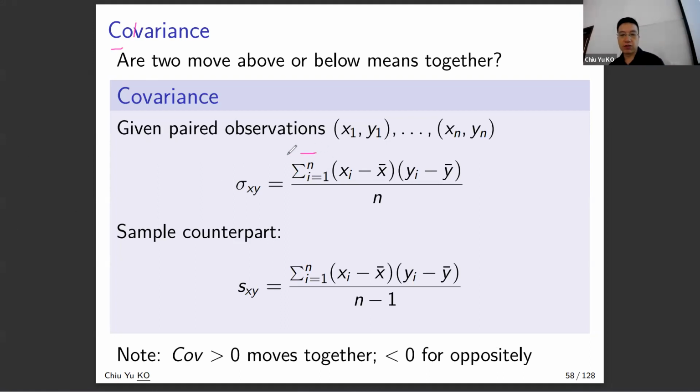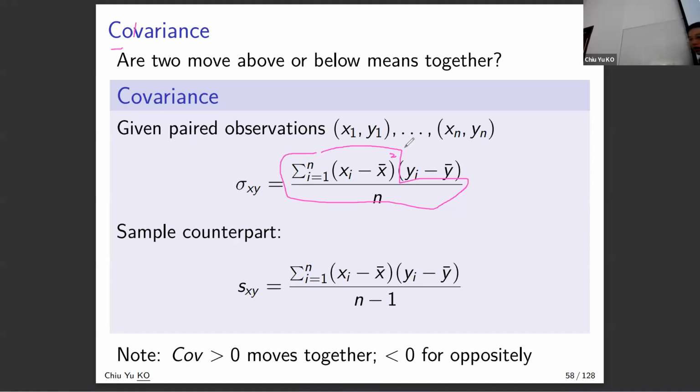If you remember, our variance of x will be this, and we have a square here. That would be variance on x. If on y, variance on y. So why do we have a multiplication of x minus x bar and y minus y bar? What is it measuring?